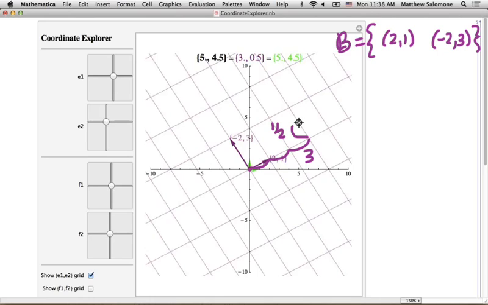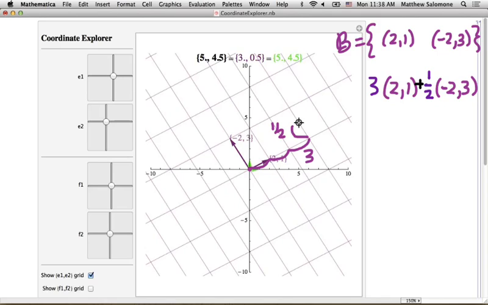And so we can make a prediction that the coordinates of this point, 5 comma 4.5, with respect to our new basis, which isn't even rectangular anymore, our prediction might be that those coordinates are 3 comma 1/2. We could verify that prediction by finding this linear combination.